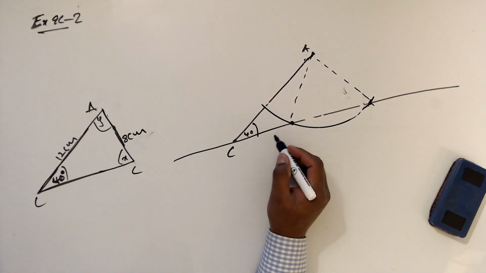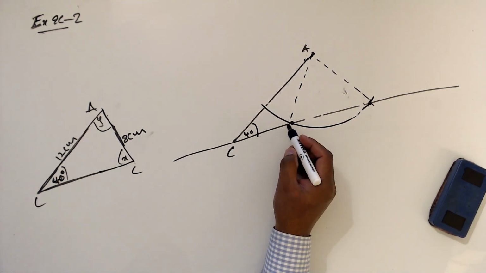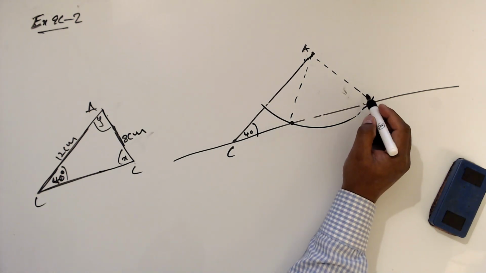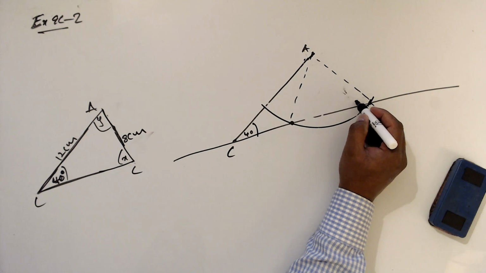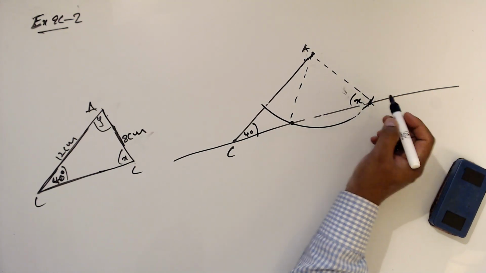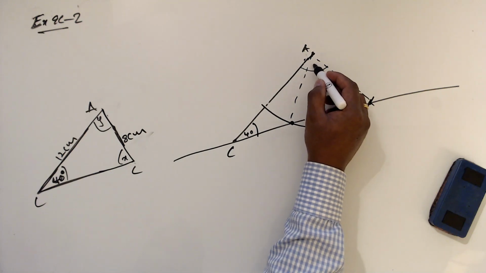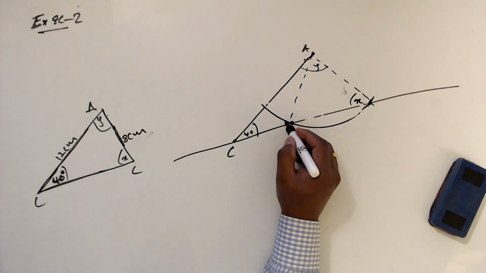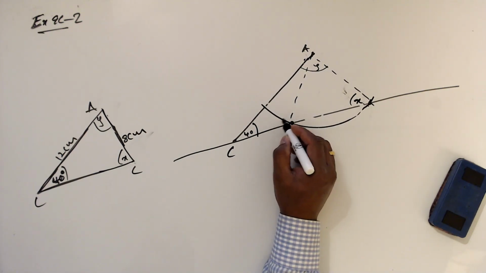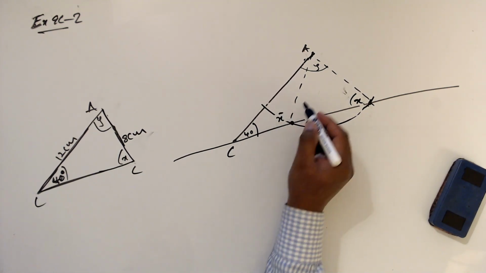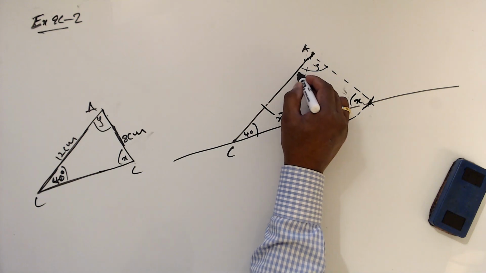Now this is 40, and if I take this as x, then this is going to be y. If I take this as x bar, then this is y bar.